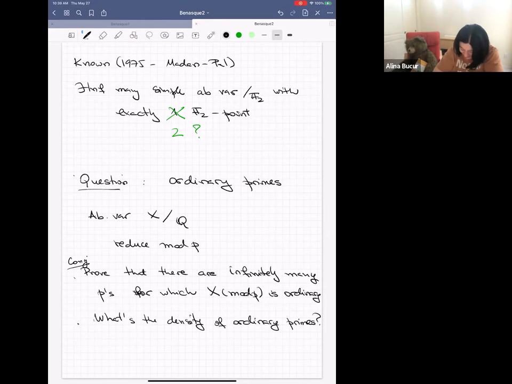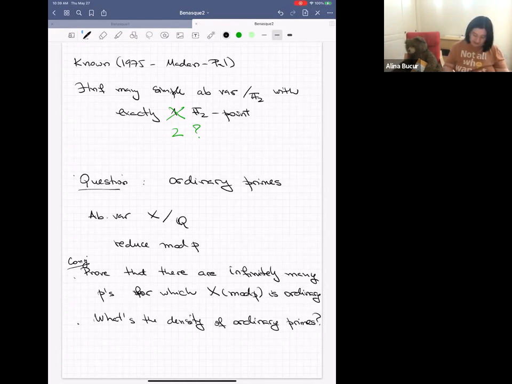This is again a super interesting question about ordinary reduction, and I have no idea how to approach this. I don't think Sato-Tate actually tells you anything about it, but maybe I'm wrong.